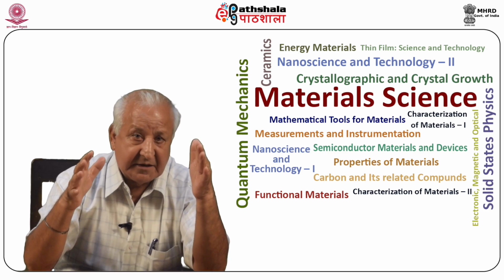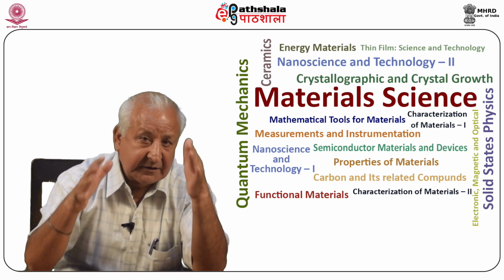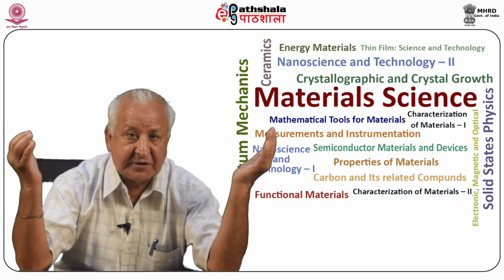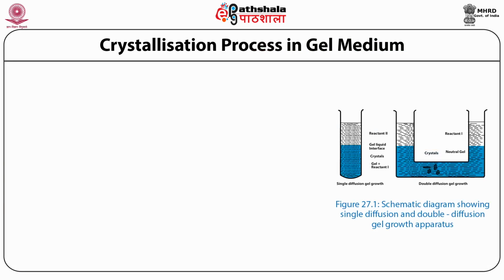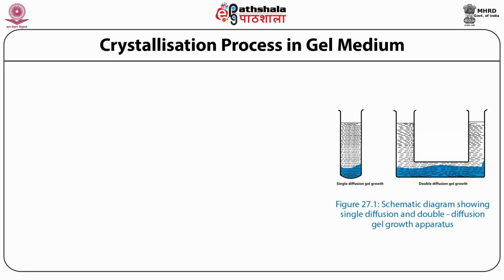Here, one of the reactants is incorporated in the gel itself, while the other reactant is poured over the gel after allowing it to set and age for a specific period. Figure 27.1 is a schematic diagram showing single diffusion and double diffusion gel growth apparatus.